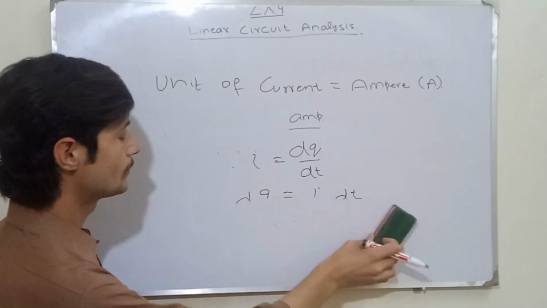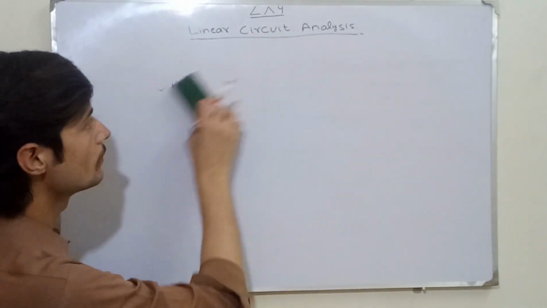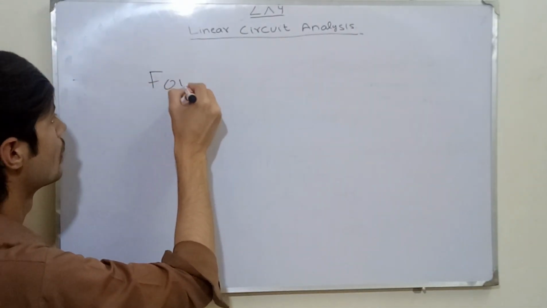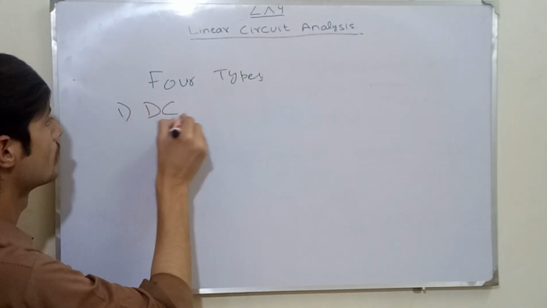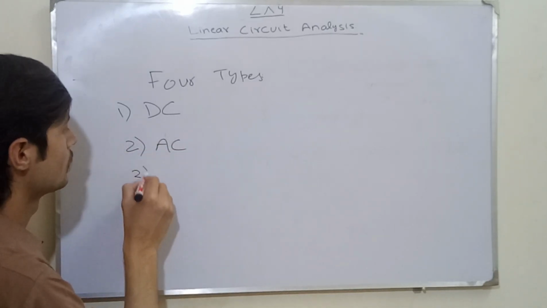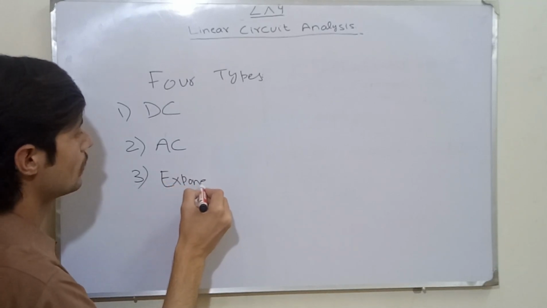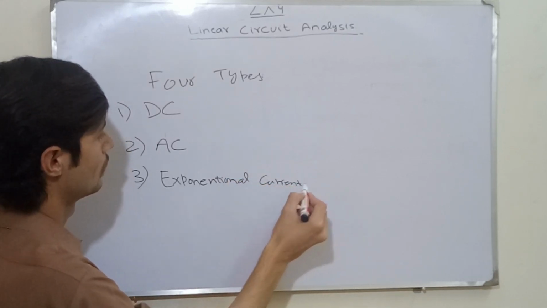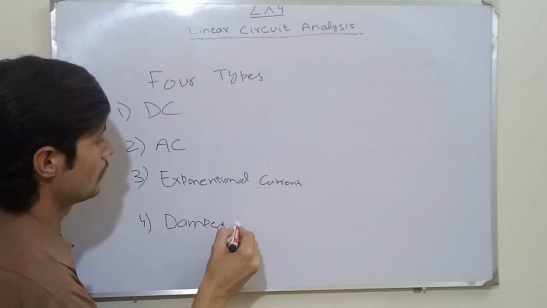Now, types of current. Most commonly there are four types of currents. The first one is DC, direct current, the second one is AC, alternating current, the third one is exponential, and the fourth one is damping or damped current.